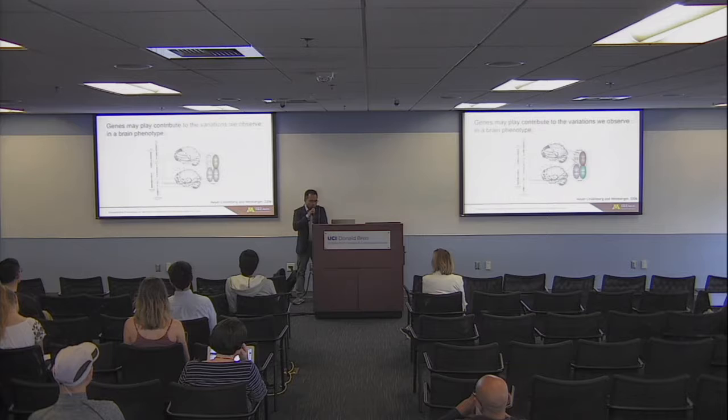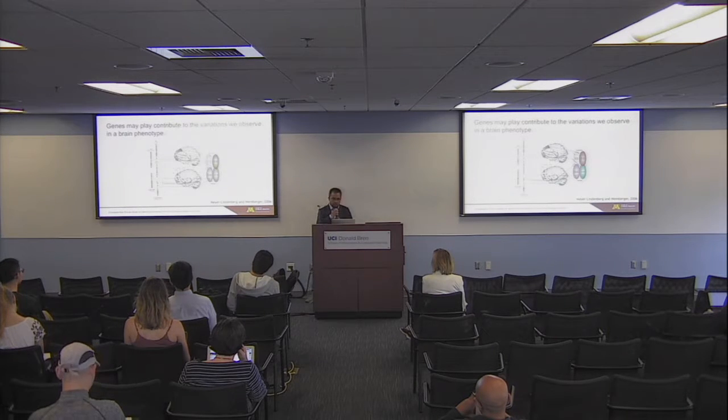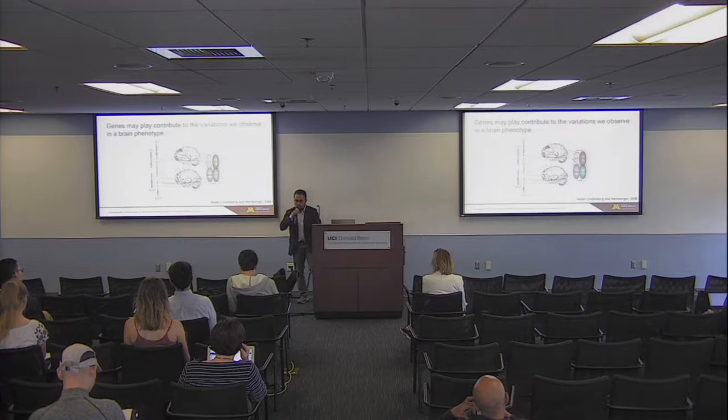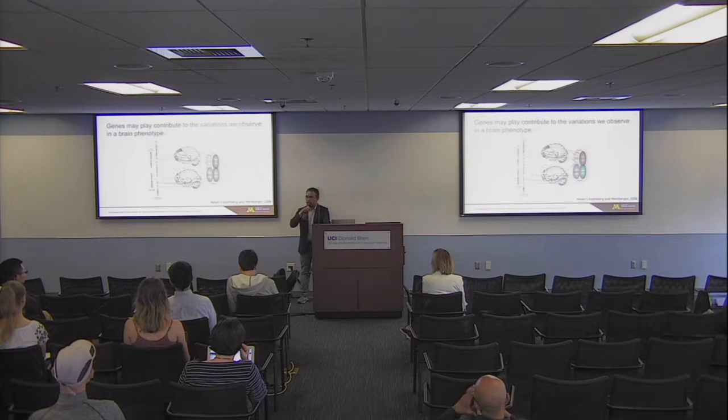We heard a whole lot of talks about Alzheimer's disease yesterday. So you could also ask about any differential activity patterns or connectivity patterns as a result of Alzheimer's relative to, say, mild cognitive impairment. That's still the middle to the right.